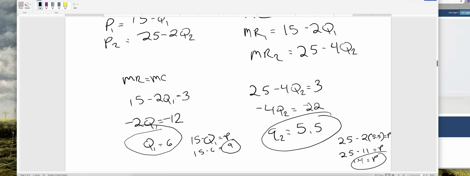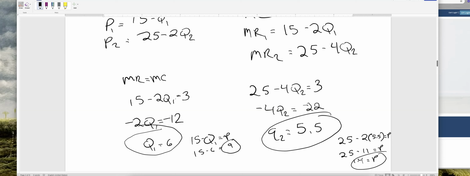And then you're asked in the same question, so we found the price and the output. Now you would also need to find the profits, the marginal revenue, and the deadweight loss. You know what? Don't worry about the deadweight loss.